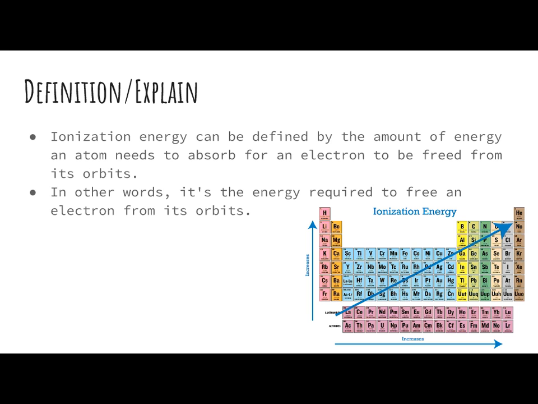So 3A would be aluminum. Okay. And then 6A would be sulfur. Okay. Why are these not following the trend? It's not because of energy level. They're all in the third energy level, or they're valence.